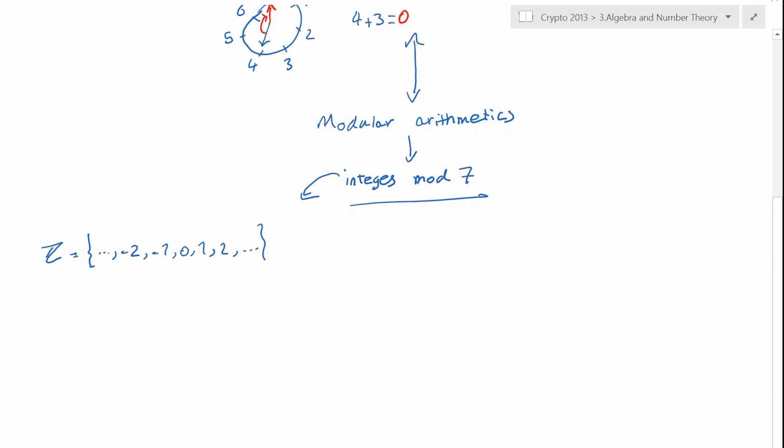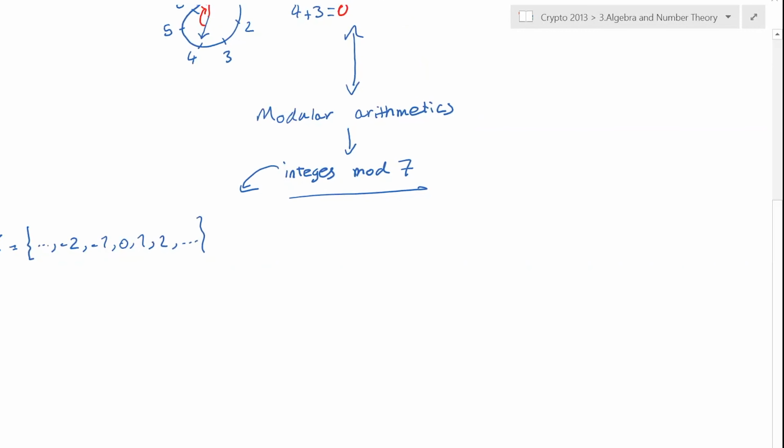Then when we apply this modular operation, we name this group Z7, which denotes that any number we take from this set, we apply mod 7. Mod 7 returns the remainder when you divide that integer, whatever you take, by 7.